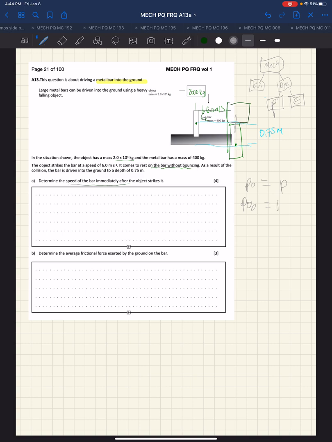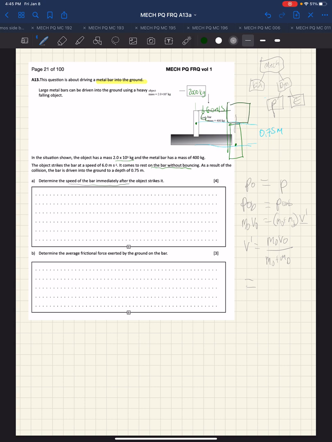So we have the momentum of the two together, and this is M0 V0, and afterward we have M0 plus MB, the two masses, times the new velocity. And we want that speed, which is V prime, so V prime is M0 V0 all over M0 plus MB.